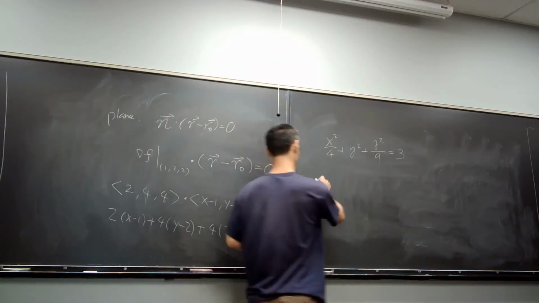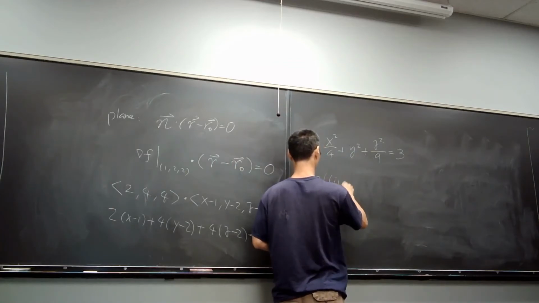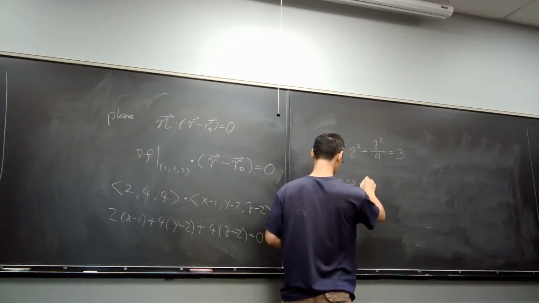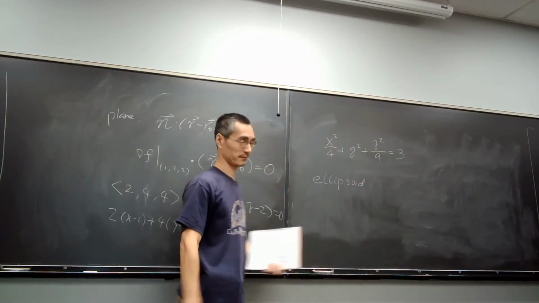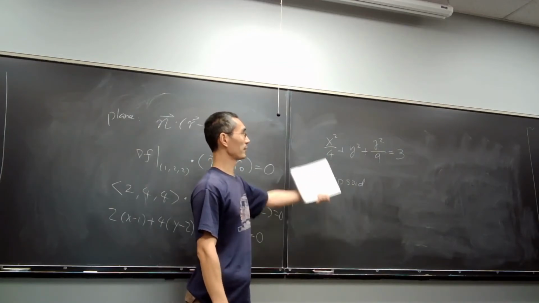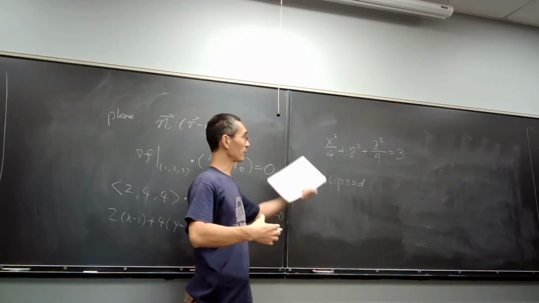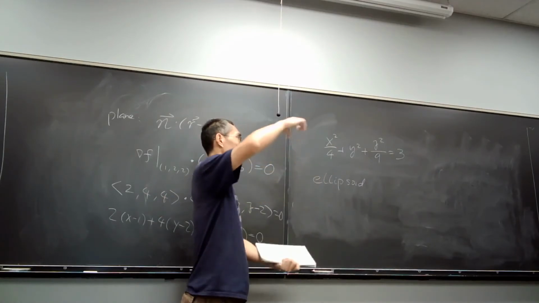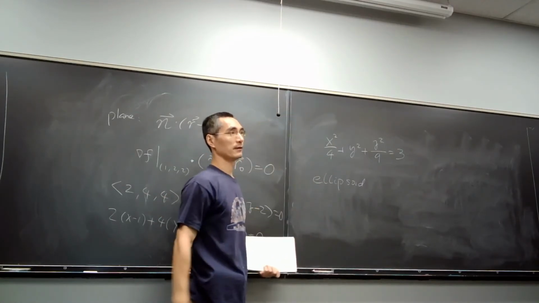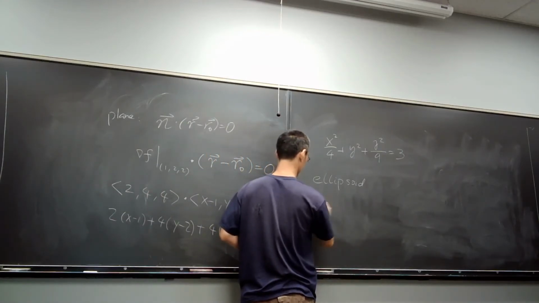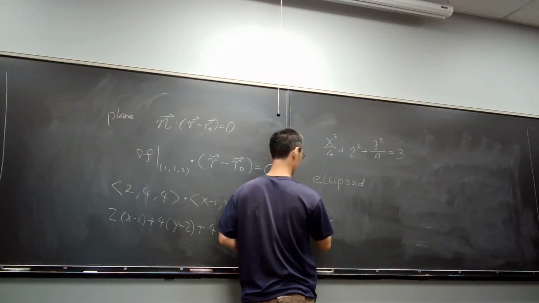Actually, there's a name for that. It's called an ellipsoid, which exactly means 3D ellipse. If you don't have the 4 and 9, it's just a sphere, right? If you have 4, you have to stretch the x direction by 2, and the y direction, z direction by 3. So it's an ellipsoid, right?